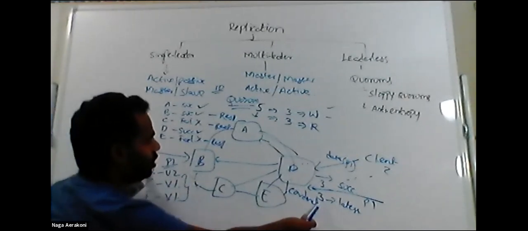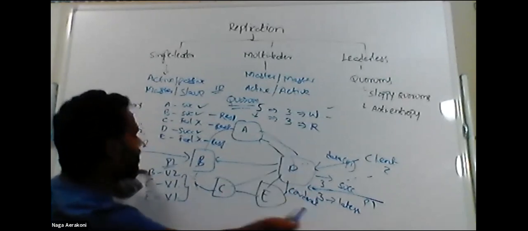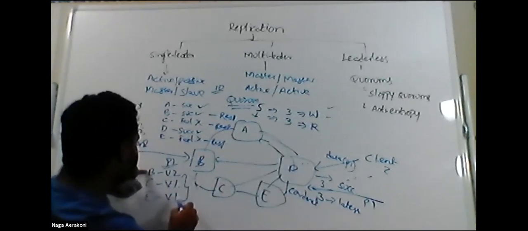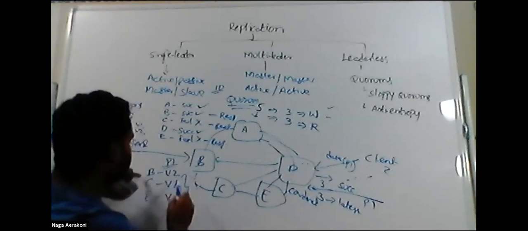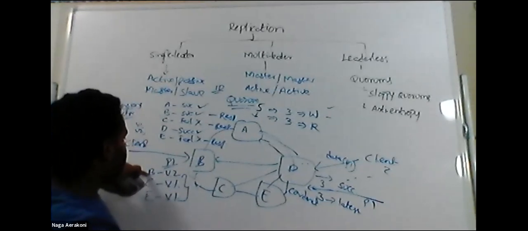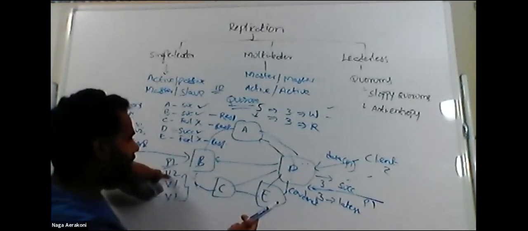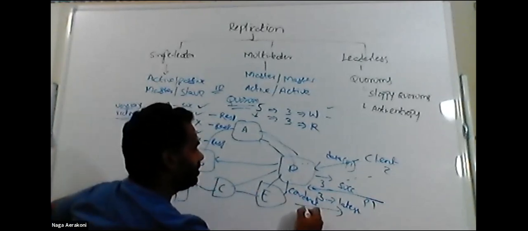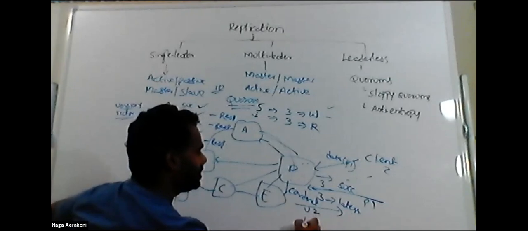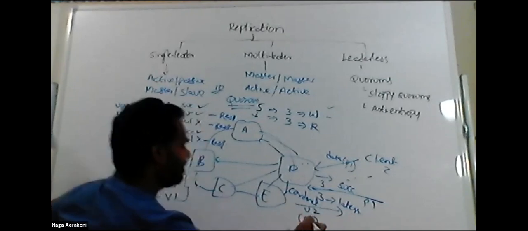The quorum condition is met because 3 nodes returned the data successfully, and D learned that C and E have the old data because B has V2. So it knows that it needs to send V2 to the client as the read response. In the read response, it sends the V2 version data of the person P1.